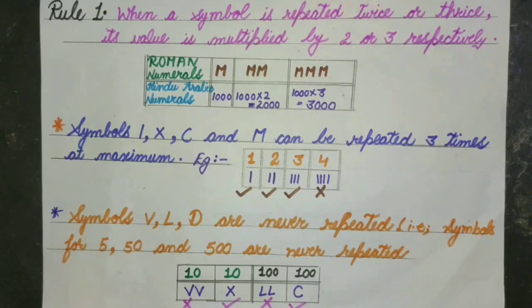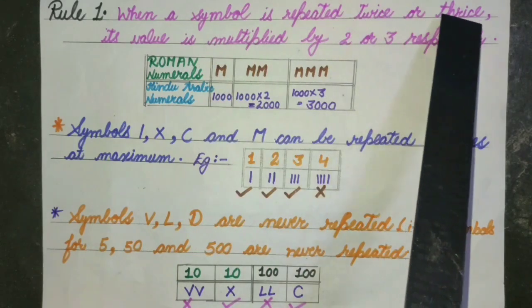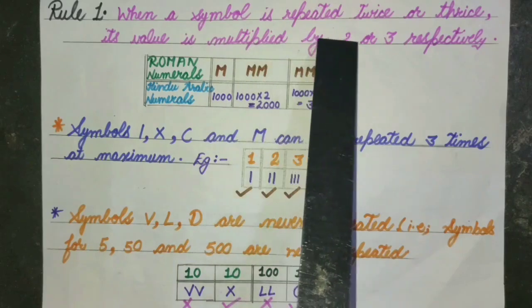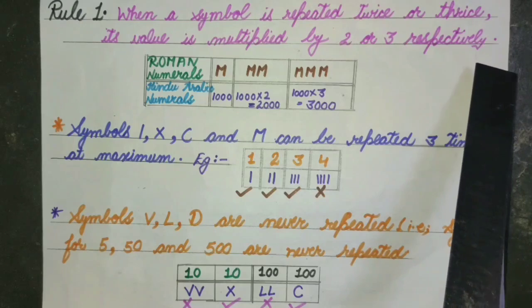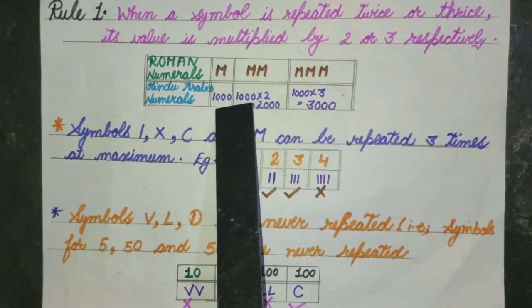It means when a symbol is repeated twice or thrice, its value is multiplied by 2 and 3 respectively. For example, M is equal to 1000.